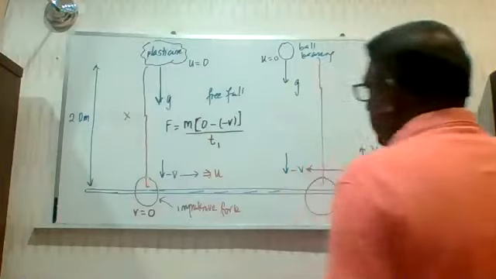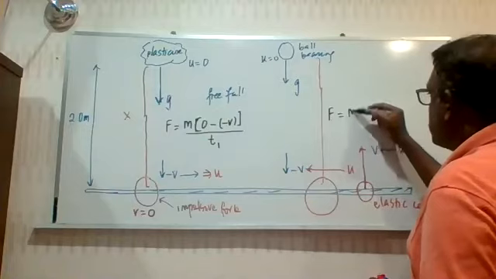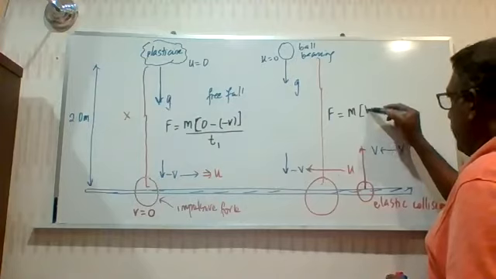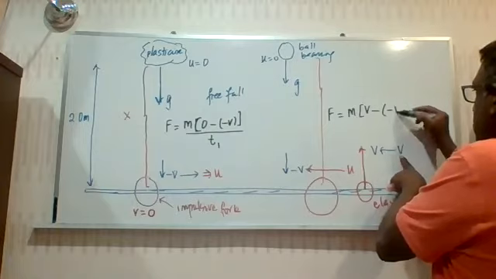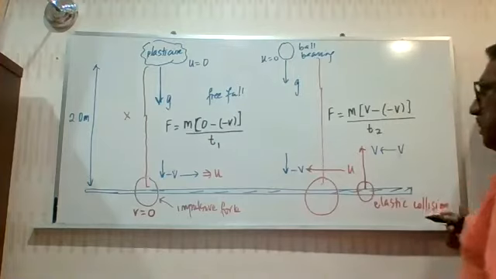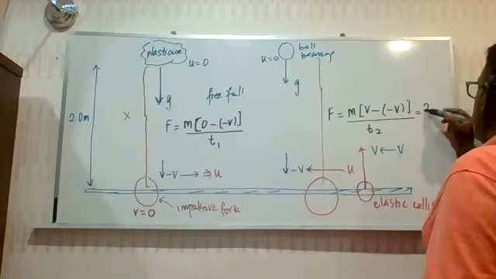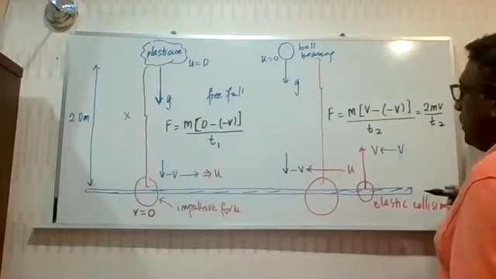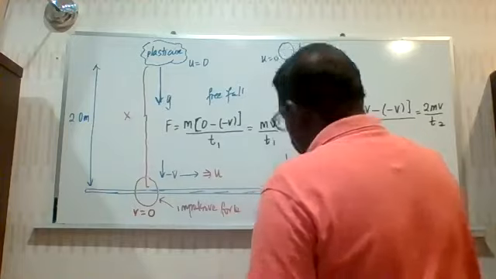So the force is m times (0 minus -V) over T1, which gives you mV over T1. For the ball bearing, with time of impact T2, this gives you 2mV over T2.